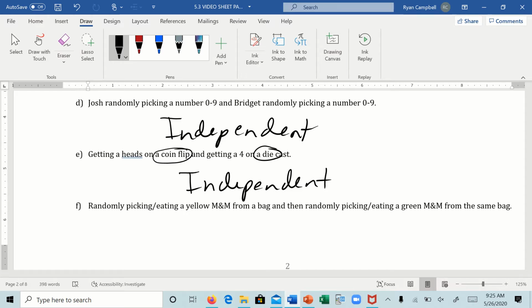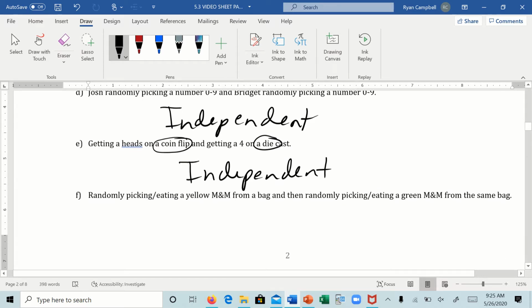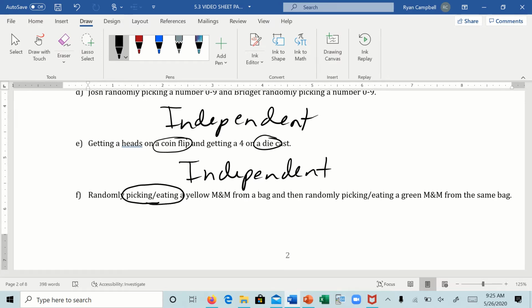Randomly picking and eating a yellow M&M from a bag, and then randomly picking and eating a green M&M from the same bag. So would this be independent or dependent? It didn't say with or without replacement, but it did tell us which one it is. And it comes from the words eating and picking.